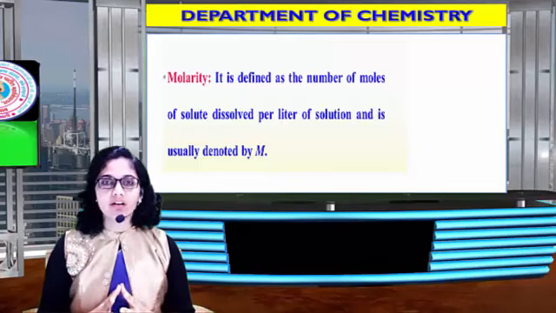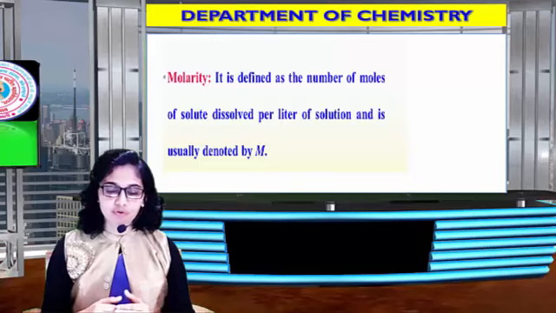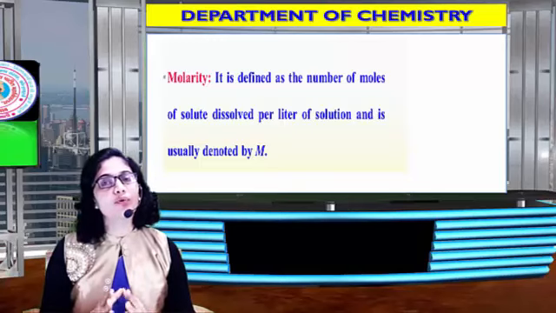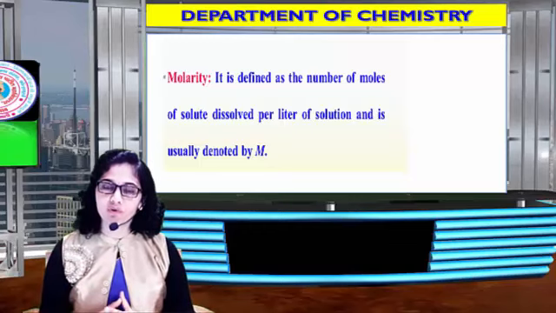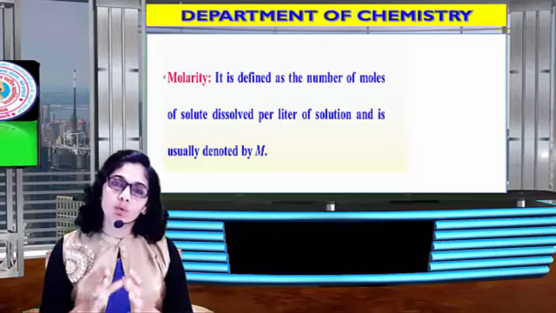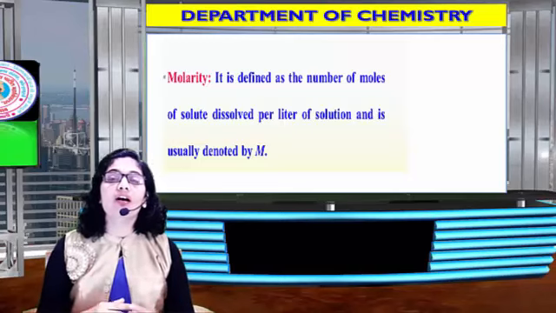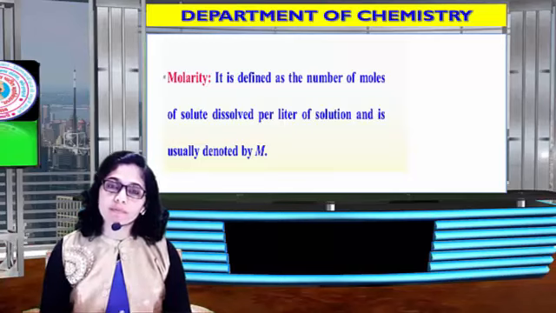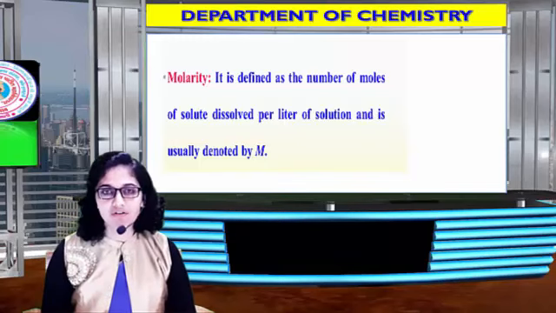Molarity is the number of moles of solute dissolved per liter of the solution. It means if we have a 1 liter solution, any solution, how many moles of that solute are present in that 1 liter is called the molar concentration, right?